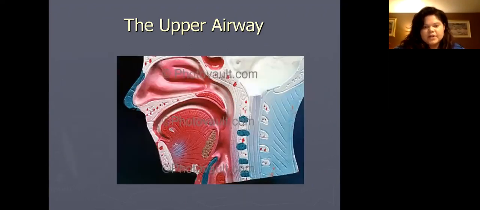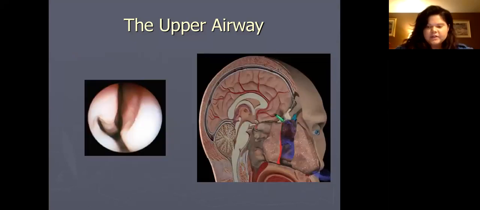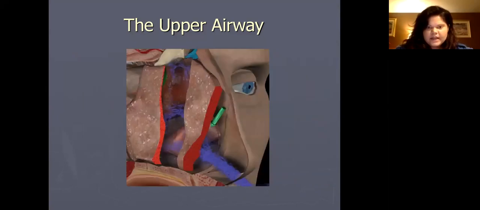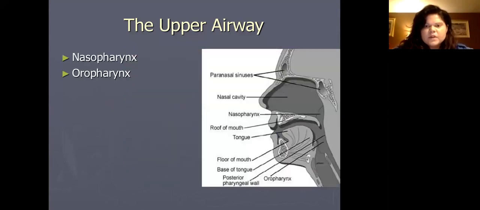And this is just a better shot plane. And again, that just shows the upper airway. So you've got your sinuses as part of the upper airway.